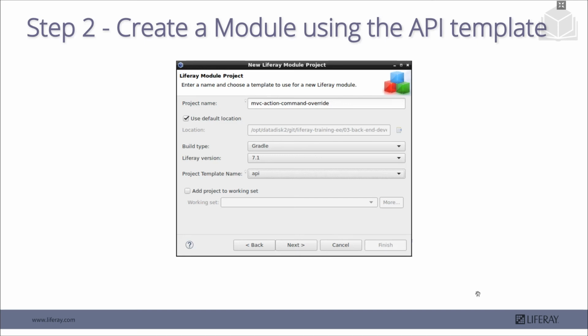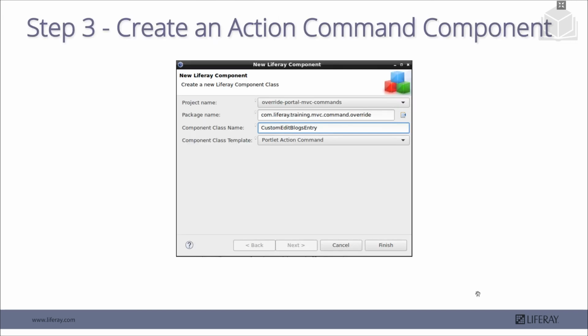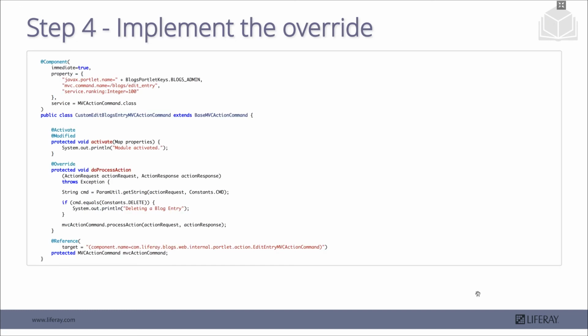Once we find what we want to override, we follow very similar steps that we've done before. We create a Liferay module project using a generic template like API. Right? We then will create a component within our module project. Right? And then we'll go ahead and enter everything that needs to be entered. Since this is going to be an action command in this example, we extend base MVC action command.